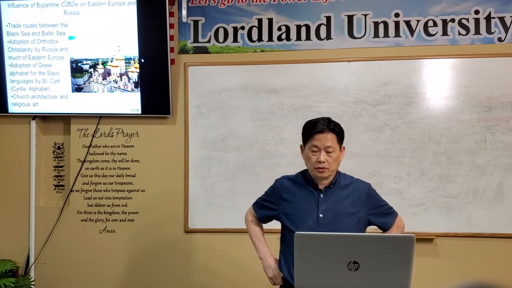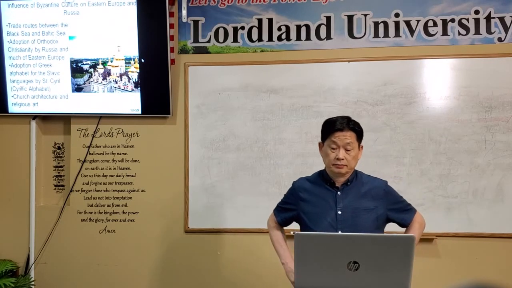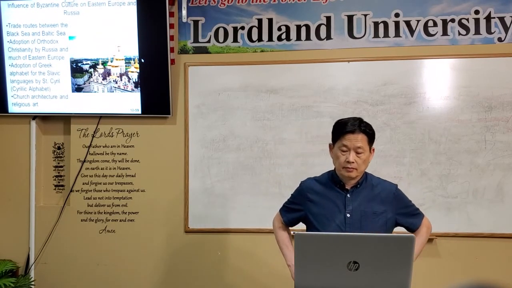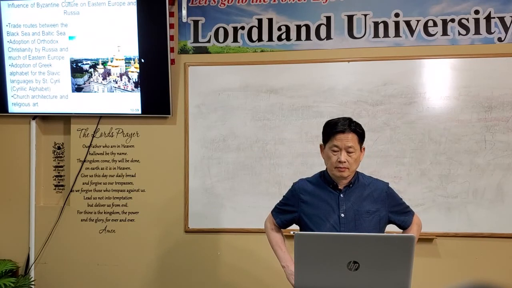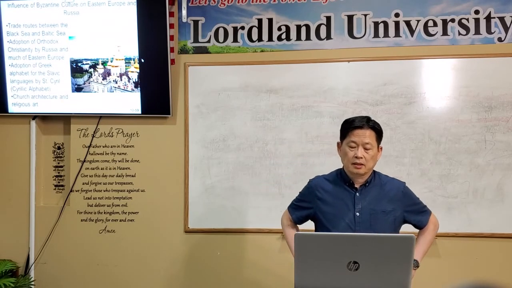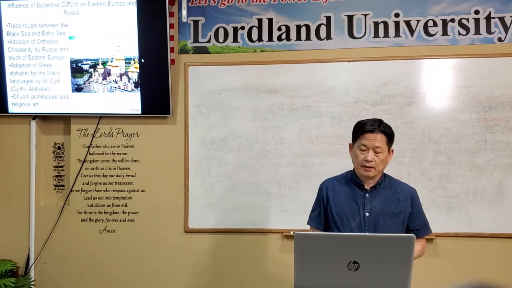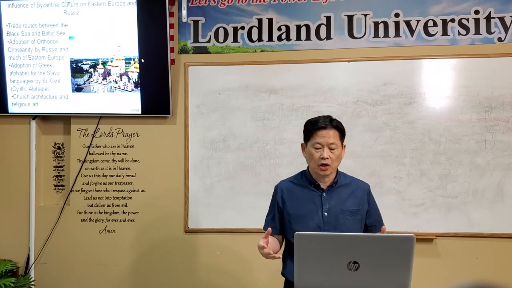Trade route between the Black Sea and Baltic Sea. Kievan Rus adopted Eastern Orthodox Christianity and much of Eastern Europe.